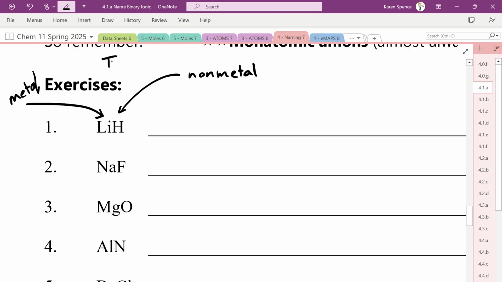That is ionic. And all we do is look up the name for Li, which is lithium. So we say lithium. And then what do we do to the name of a nonmetal when it changes into an ion? We add "ide." So this is hydrogen.